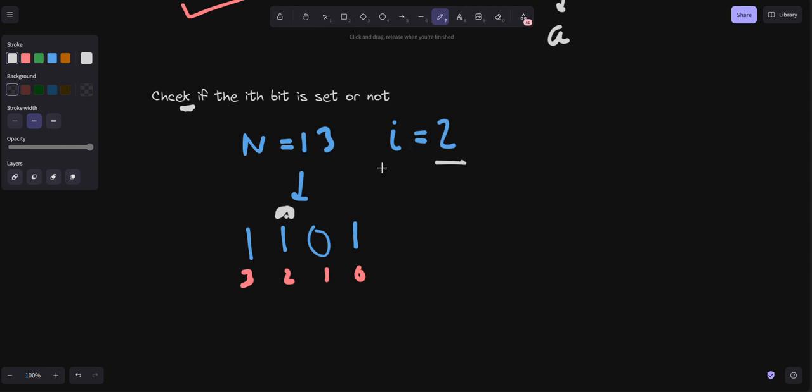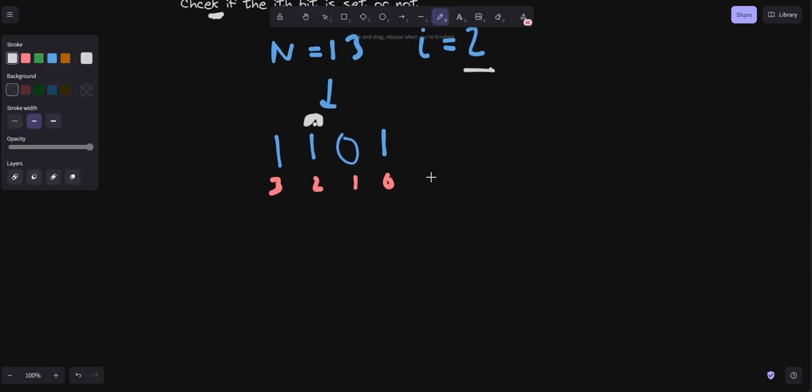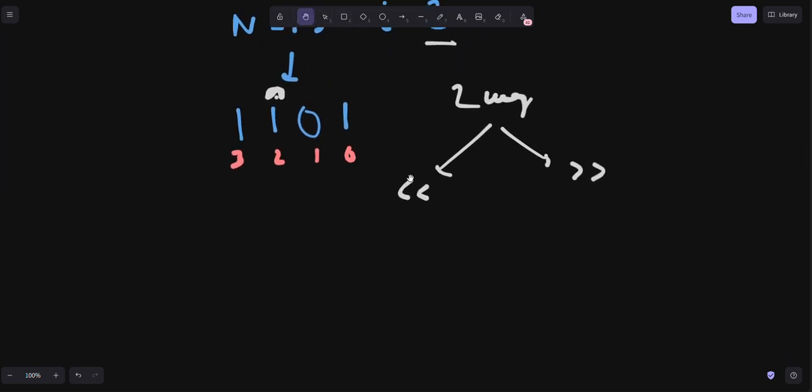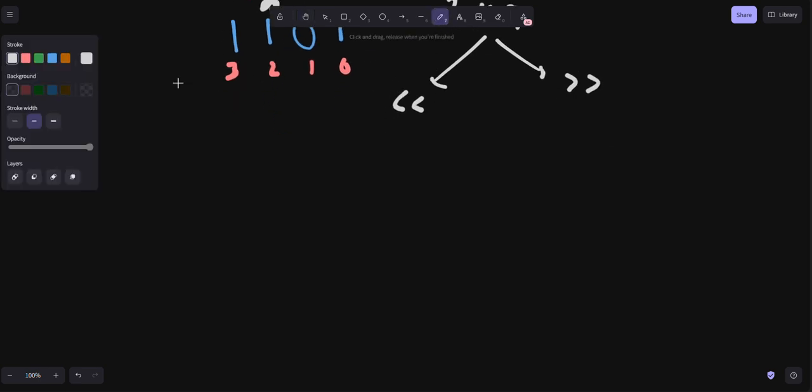There are two ways to solve this, using either right shift or left shift. I need to make you really visualize this question, so just follow me from here.